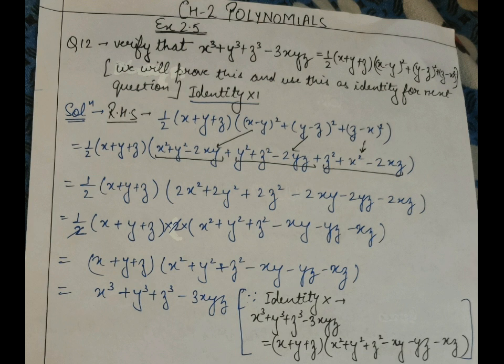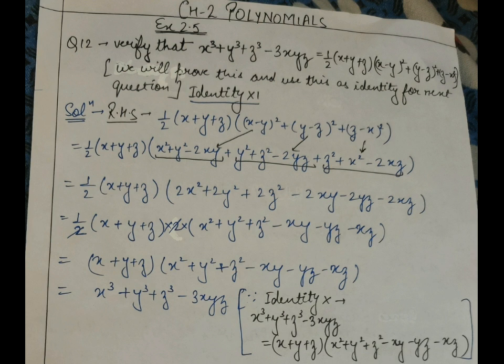Now in the next step we will first copy half into x plus y plus z as it is, but we'll see here that in the second bracket 2 is coming common, so we'll take 2 common from the second bracket. After taking 2 common, we can observe here that all of the numbers are in multiplication now, so we can just cut our 2 with 2.